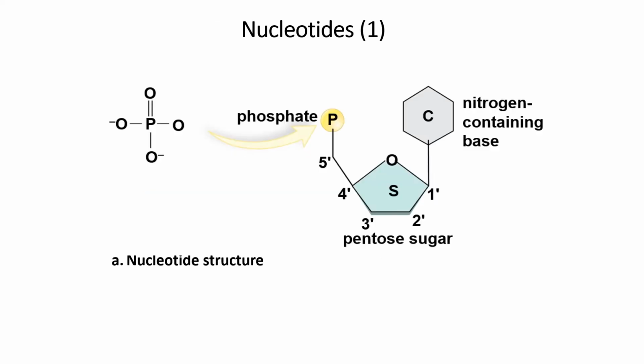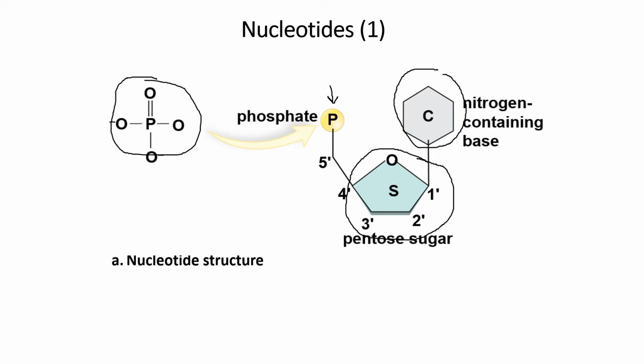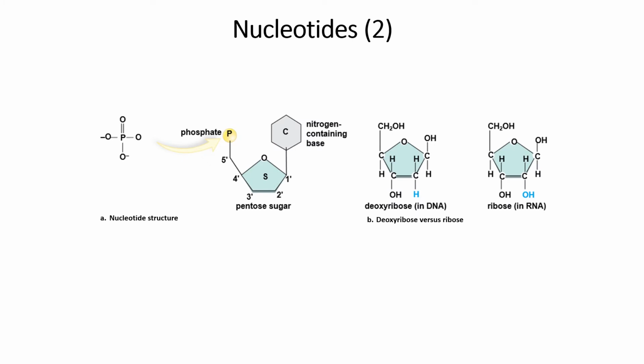So here's your nucleotide. Here's your pentose sugar. Here's your nitrogen base, nitrogenous base. And then they're representing the phosphate just like a P, but it really looks like this. Alright, so deoxy, D means to remove or away, and oxy is talking about oxygen.